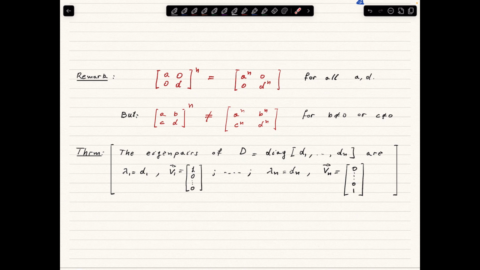So for example, the first element in the diagonal has eigenvector 1 in the first position and then 0, 0. The last position in the diagonal gives you the eigenvector with the 1 in the last position. Something in the middle, the third, is going to have 0, 0 in the first positions, a 1 in the third position, and then zeros all the way until the end. So position 3 has an eigenvector with a non-zero component in position 3. And we can check that this is the case. It's very simple to check.